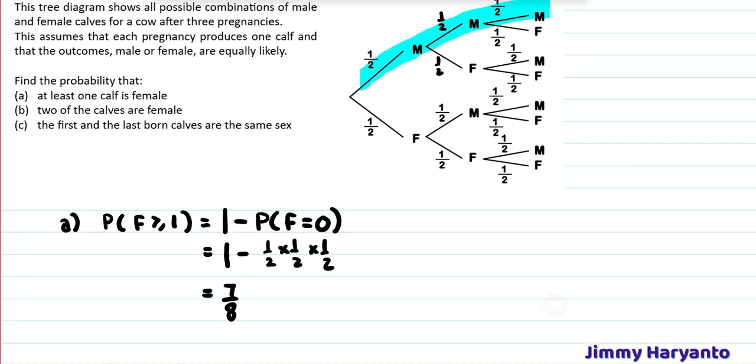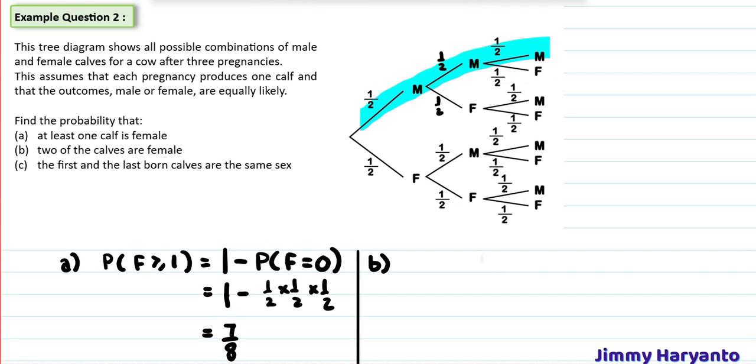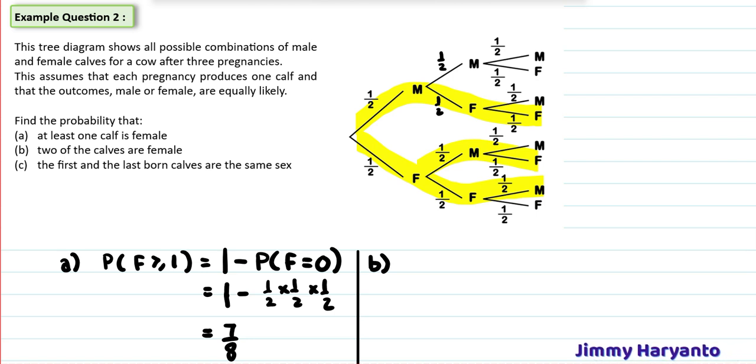Okay, this is the first one, and then the second one is two calves are female. Two calves are female will be this one, and that one. Okay, so we have three possibilities. For the first one it is half times half times half.